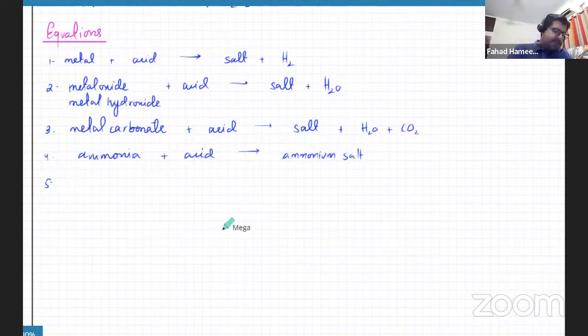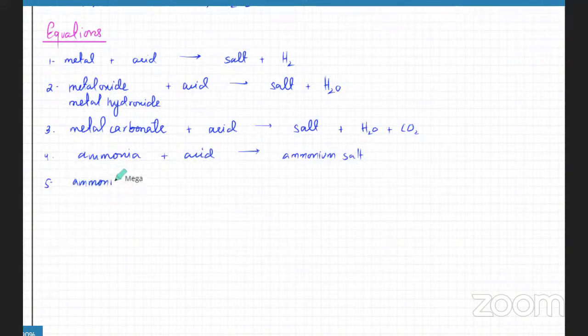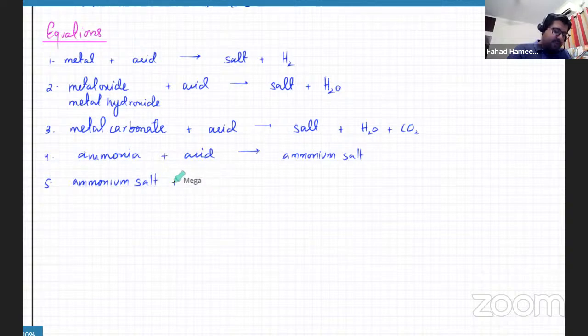Number 5, what happens when you have an ammonium salt reacting with a base? Salt plus water plus ammonia gas. So it reacts with a base and produces salt, water, and NH3.